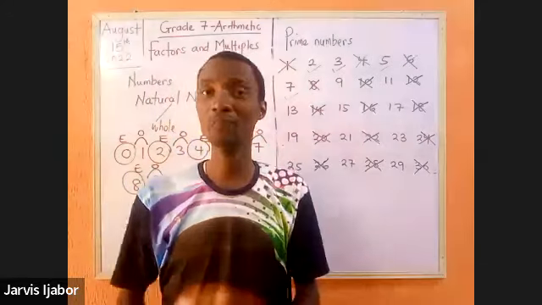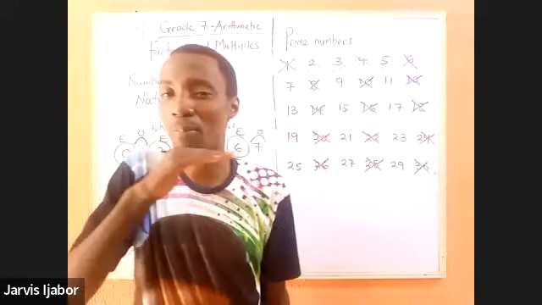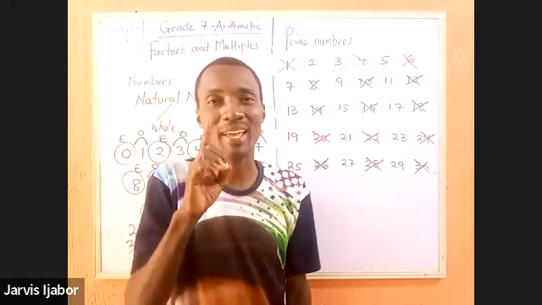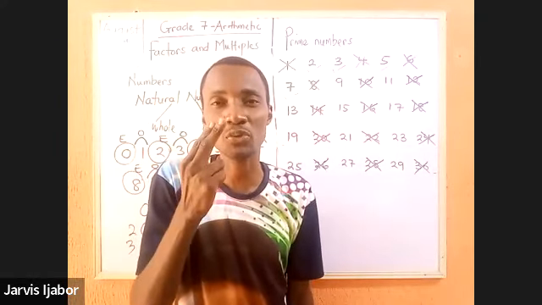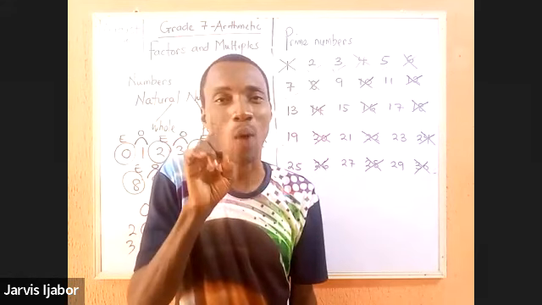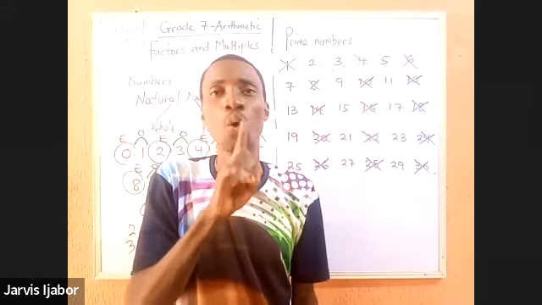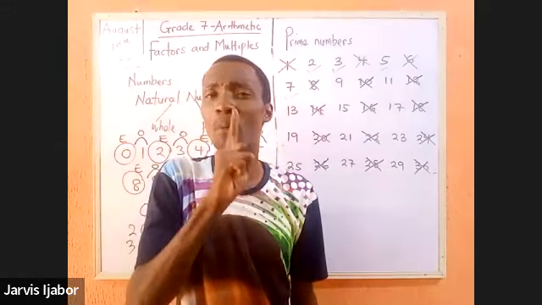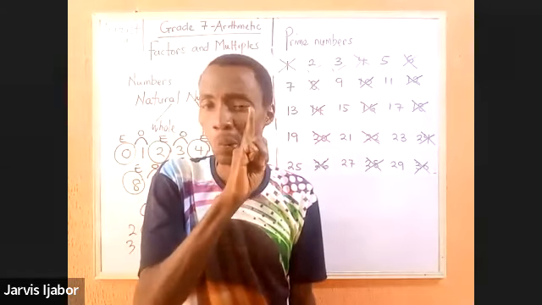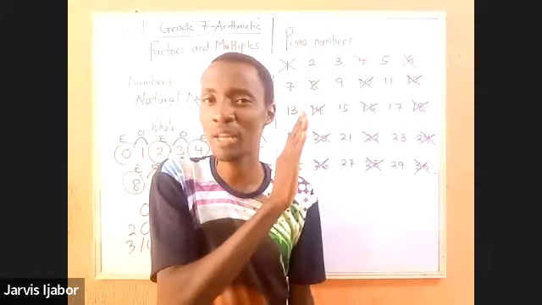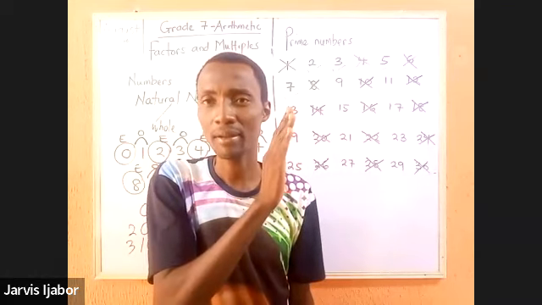Which brings me to the third concept now. The first thing I said about prime numbers is this one. A prime number must have 2 factors, itself and 1. 1 was not a prime number because it has 1 factor. That's what eliminated 1 from being a prime number.